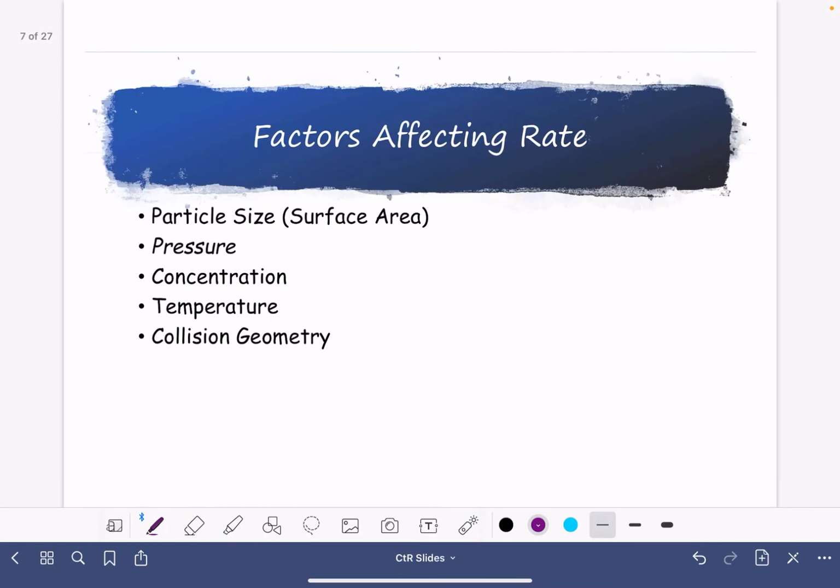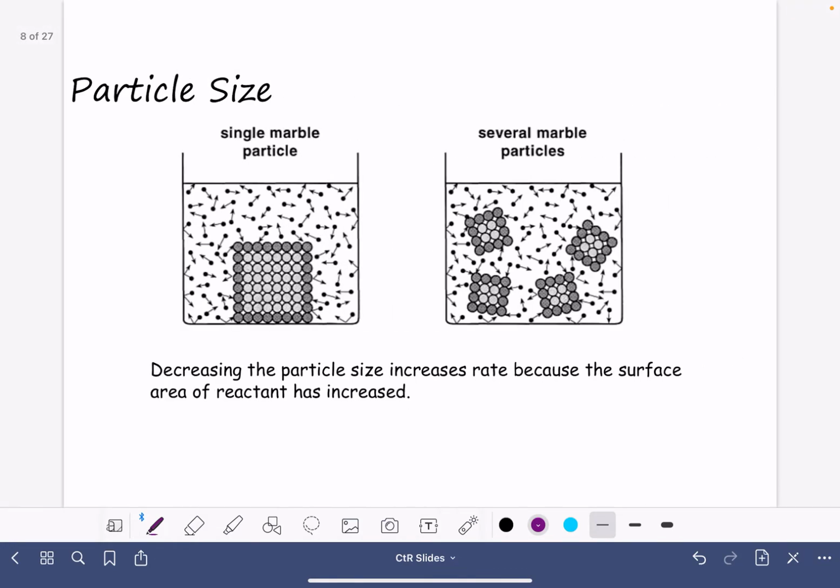All right, let's now think about the factors that affect the rate. So we've got particle size, pressure, concentration, temperature, and collision geometry. Let's consider each of these in turn. So particle size relates to the size of the reactant that is in solid form. Okay, so often we would talk about comparing lumps with powder.